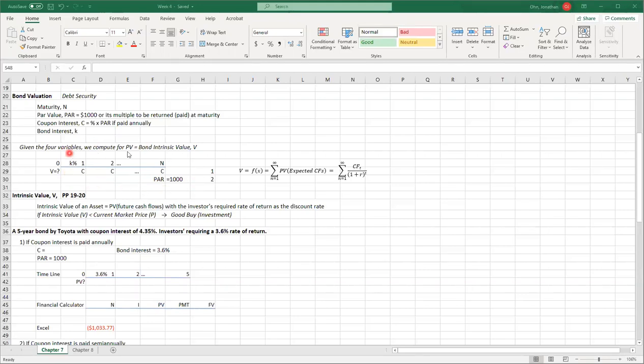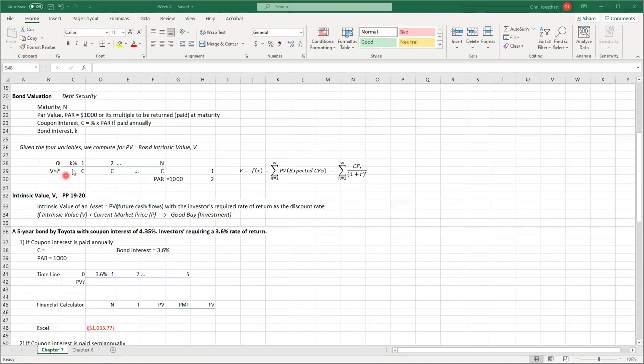Given all this information and variables, our job is to calculate the bond value. As I said, bond value is the sum of discounted future cash flows, or the present value of future cash flows. So V is the sum of discounted future cash flows, the C coupon payments and the par payment.